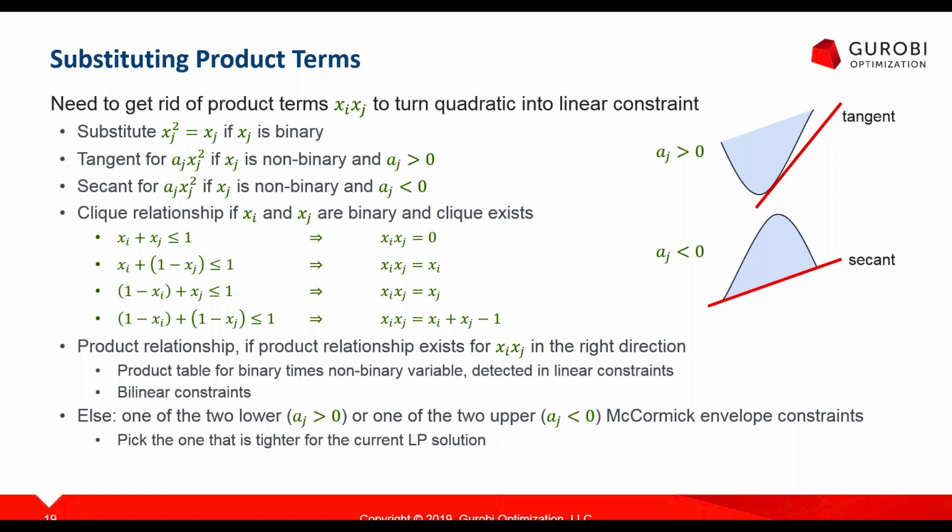Now let's consider the case if one of the variables is binary and the other one is non-binary. So now we are in the case that we were talking about on the previous slides, that they could potentially be part of such a product relation. And also, if both variables are non-binary, it could be that if we are in the case of mixed integer bilinear constraints, that there is a bilinear constraint that links these two variables xi, xj to some variable yij.